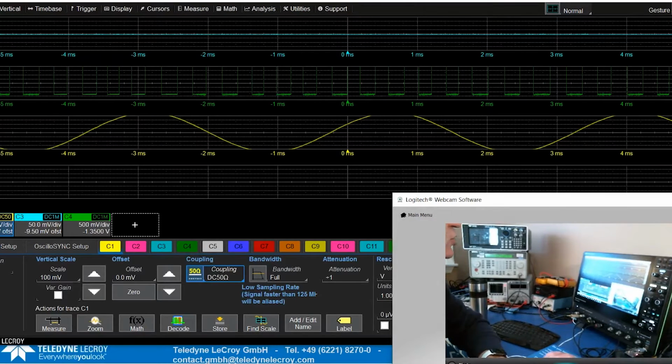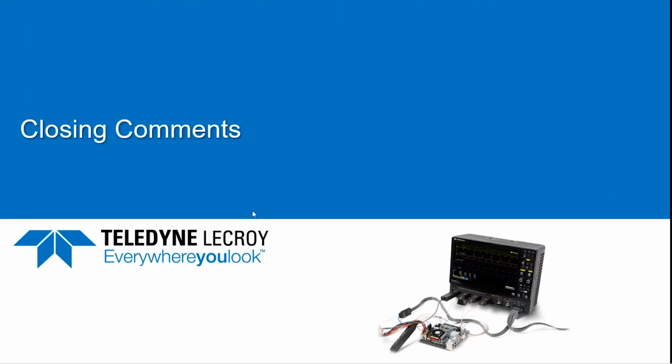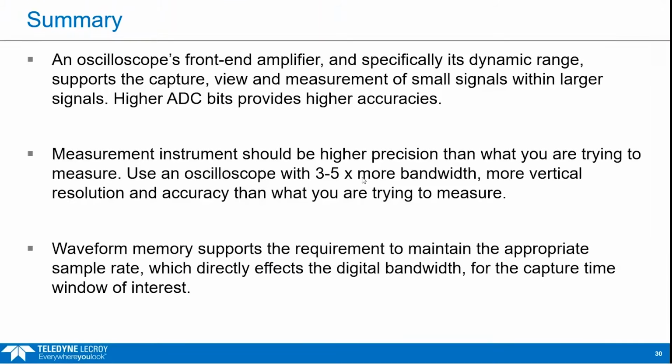So there's so much more we could be covering. Just as a close, and then I will open it up for some questions. Again, we covered the analog bandwidth. We covered dynamic range, and how important that is to view small signals within larger ones and get the accuracy.